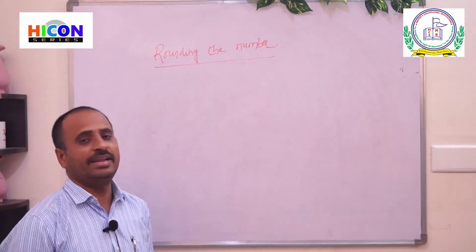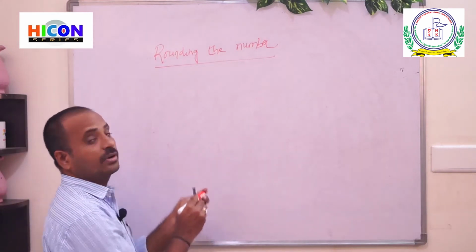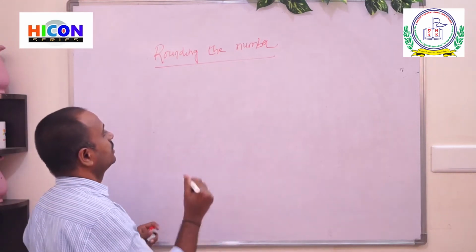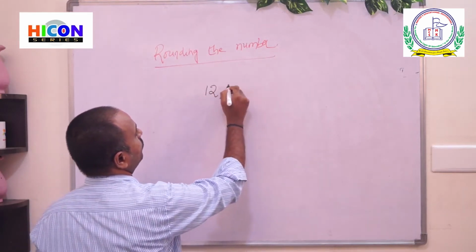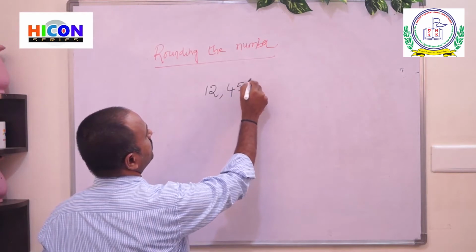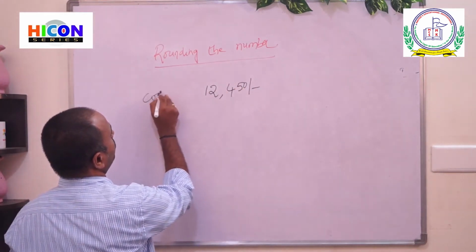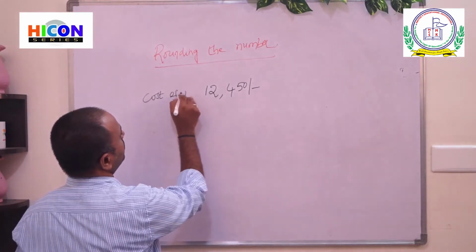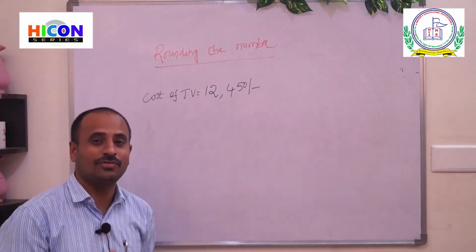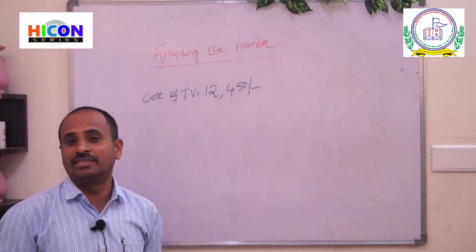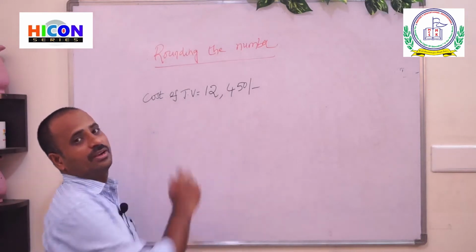So see one example. If the cost of a TV is 12,450 rupees, and if we don't remember the exact cost of that TV, then we will say a number which is nearer to this value.